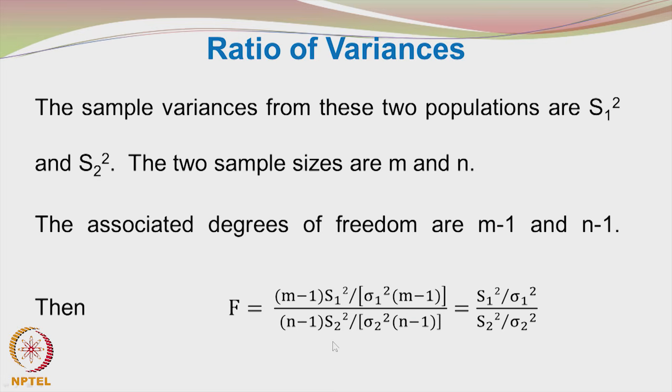Similarly, when you do the same thing for the second chi-square distribution, you get S2 squared by sigma 2 squared. So the F distribution in fact becomes S1 squared by sigma 1 squared divided by S2 squared by sigma 2 squared. S1 squared and S2 squared are the sample variances of the first and second samples respectively, and sigma 1 and sigma 2 are the standard deviations of the first and second populations respectively.